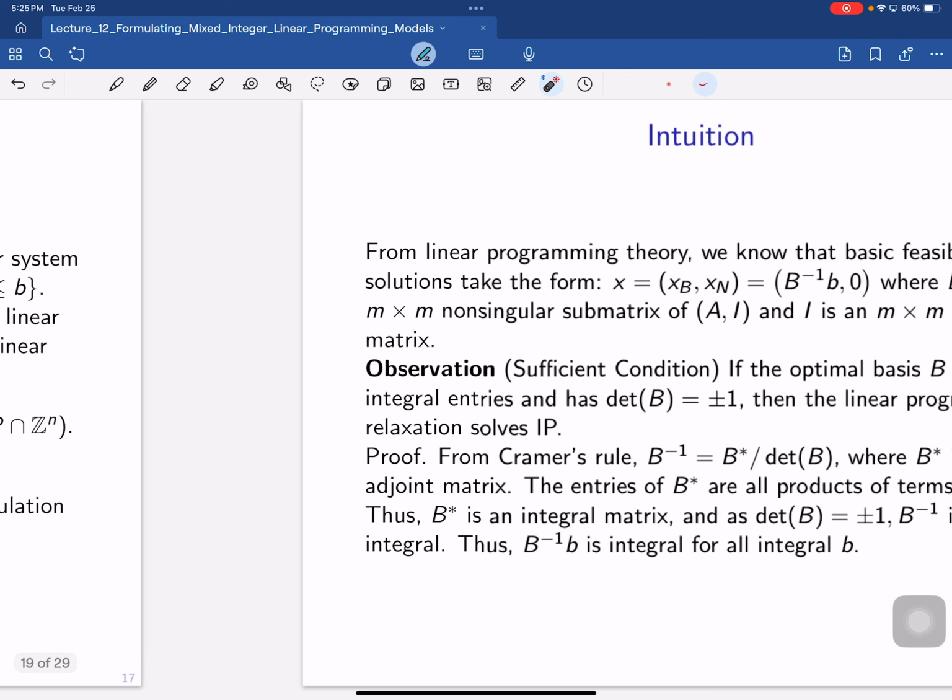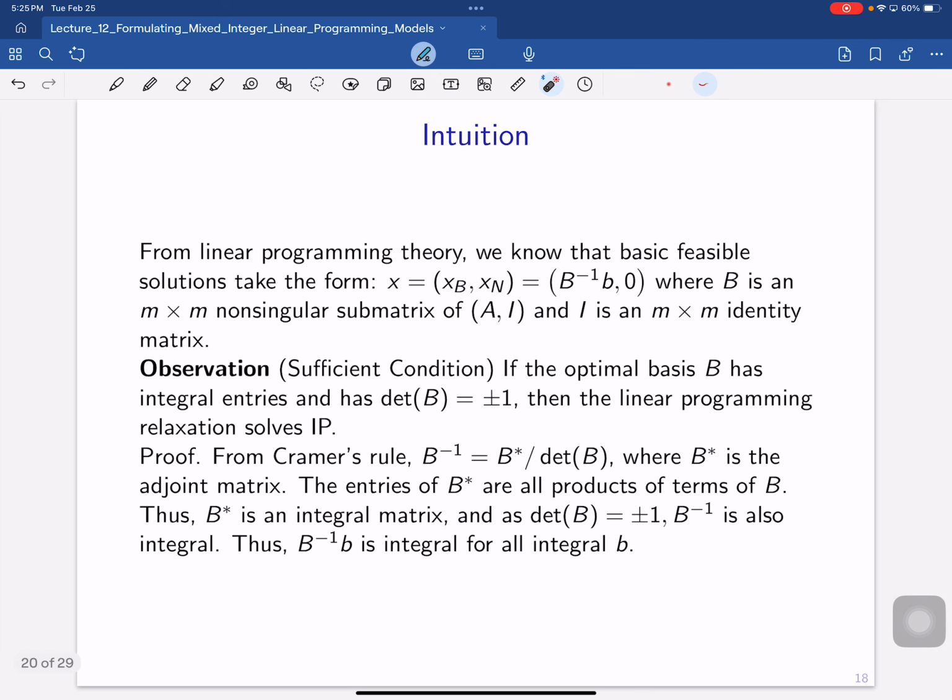Okay, so before we introduce the definition, let's introduce some intuition on when a linear program has an integer solution. Right? So remember when we solve linear programs, especially when we use the simplex algorithm, remember there are basic variables and non-basic variables. For the basic variables, you take something called the basis matrix B, and take B inverse times the small b.